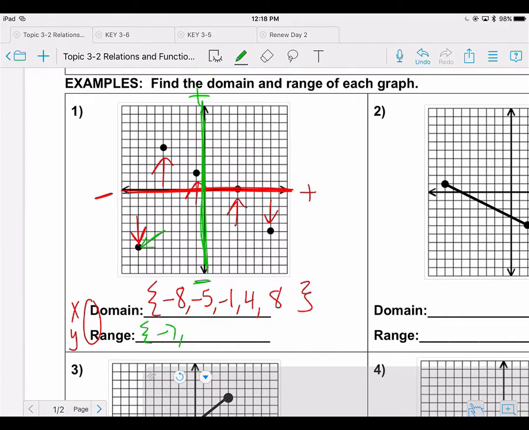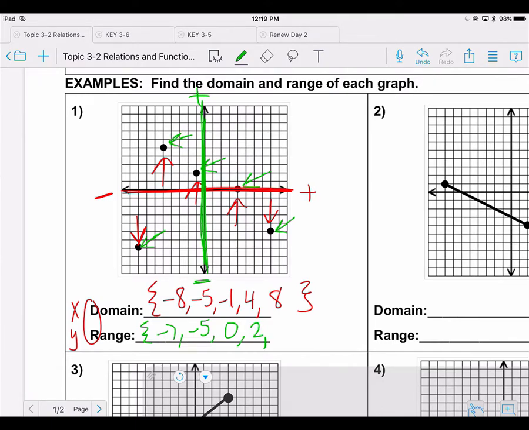And remember, because my points are all separate, distinct points, I have to use the braces or the squiggly lines. This y value right here is down at -5. This y value is at 0 because it doesn't go anywhere up or down. This one is at a +2 because it goes up.